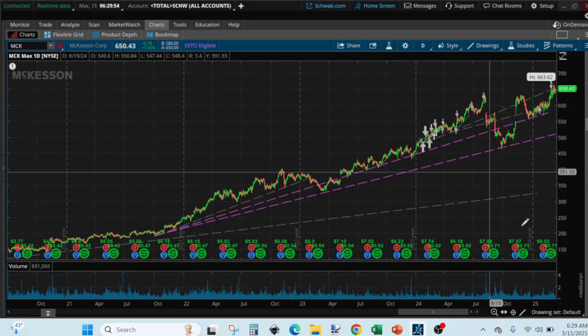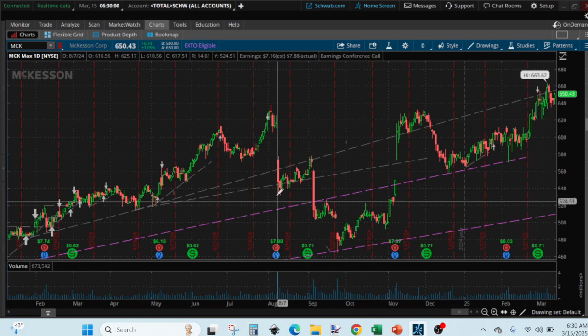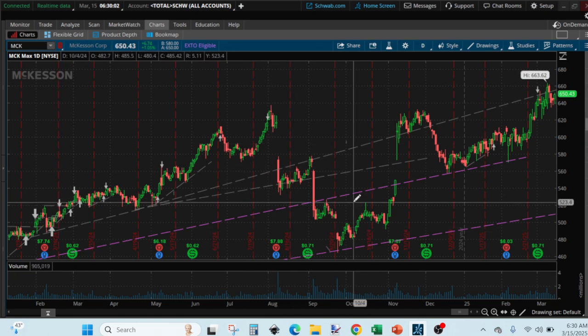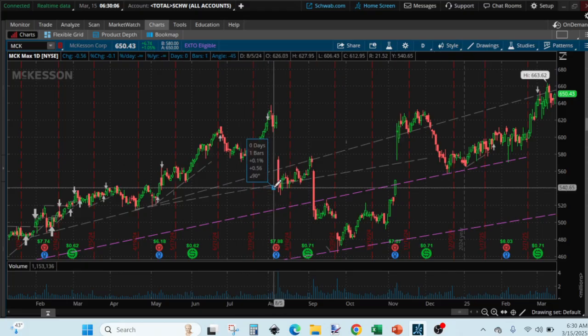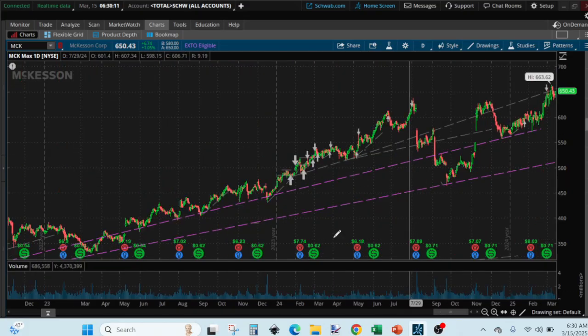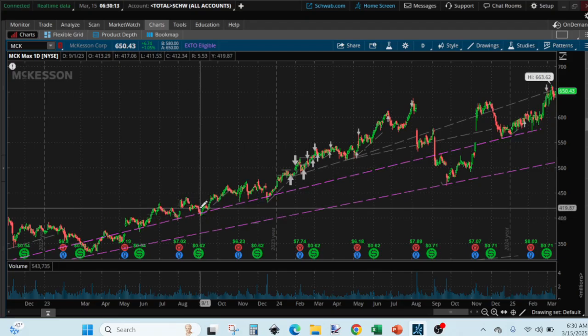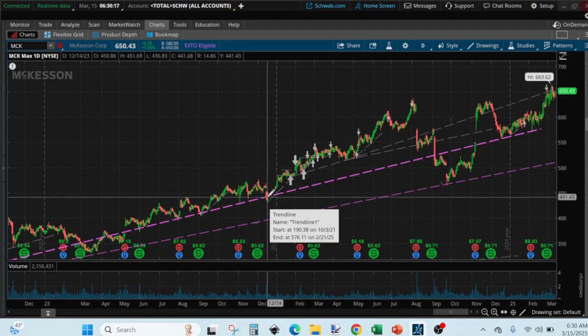By looking at what it's doing, we noticed that when it reaches a new high, it will pull back. It could pull back to a secondary trend line. Therefore, we decided that maybe we could just sell it, because you'll notice that on a regular basis, it will pull back to this secondary trend line.